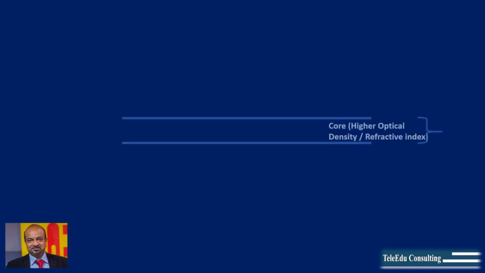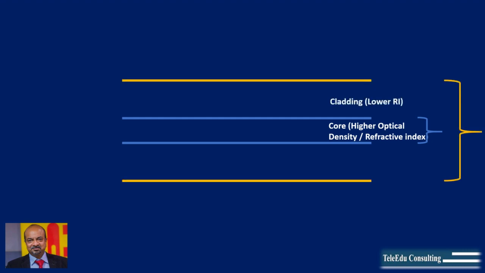To keep the light signal inside the core, the refractive index or optical density of the core is kept higher than the cladding. Let us understand how it works. When light from the laser source entering into the core is incident at the boundary of core and cladding at an angle A1, the light enters into the cladding and gets bent inside the cladding towards the core surface.